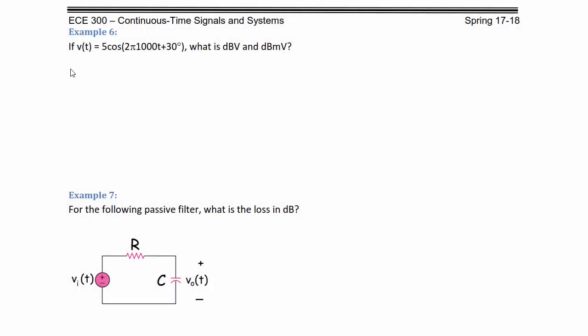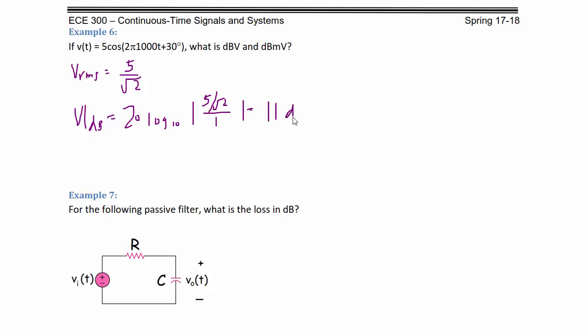Example 6. If V of t is 5 cosine 2 pi 1000 t plus 30 degrees, what is the voltage in dBV and dBmV? So first we find the RMS voltage. The RMS voltage is 5 divided by the square root of 2. So the voltage in dBV would be equal to 20 log base 10 of 5 over the square root of 2 divided by 1, which equals 11 dBV.